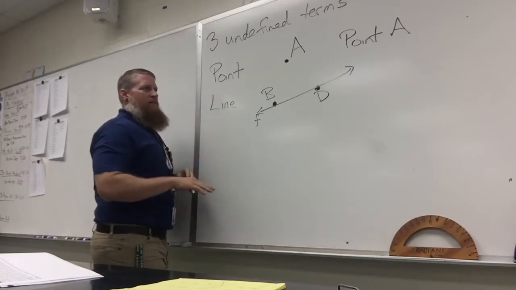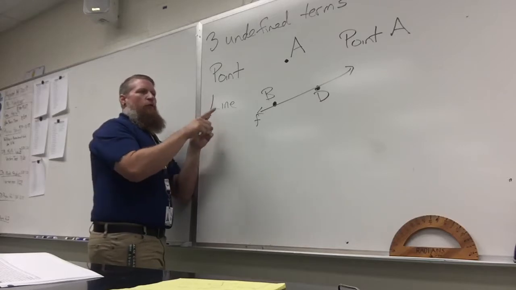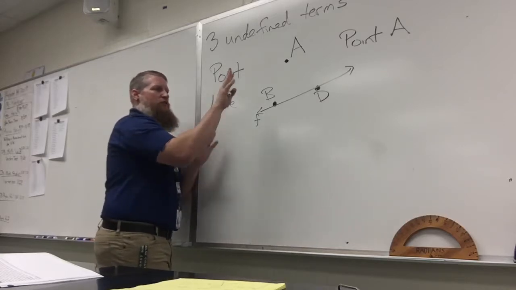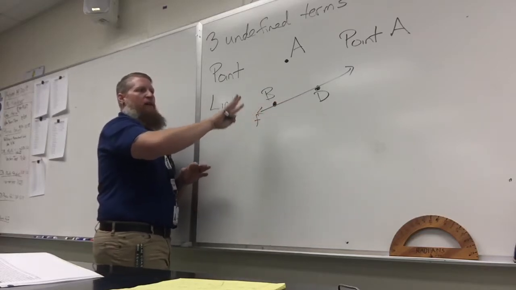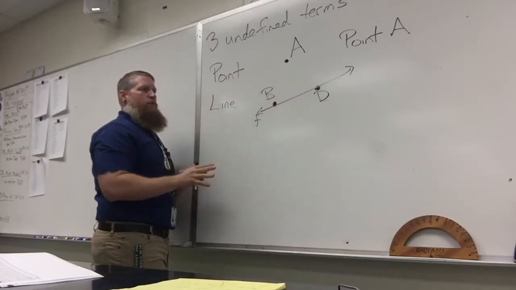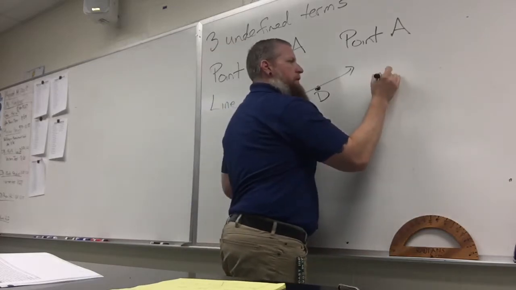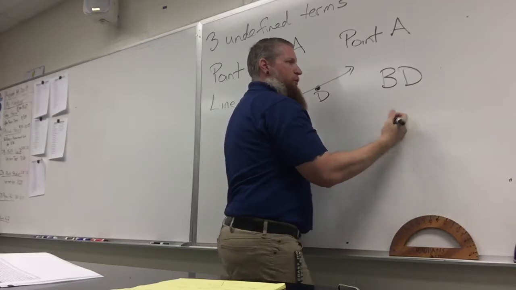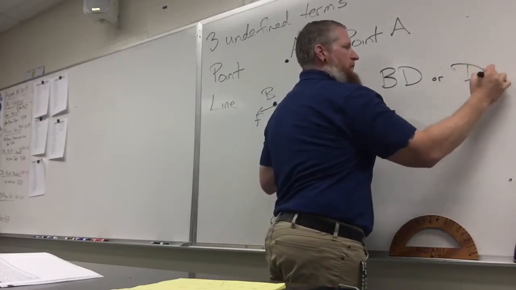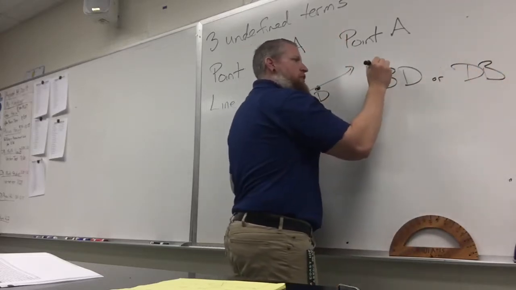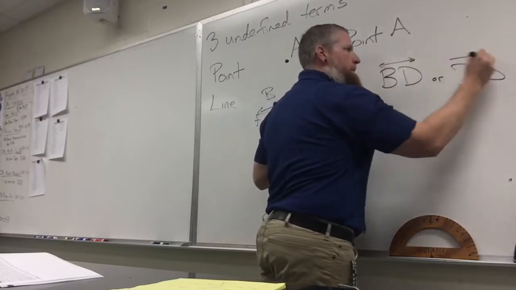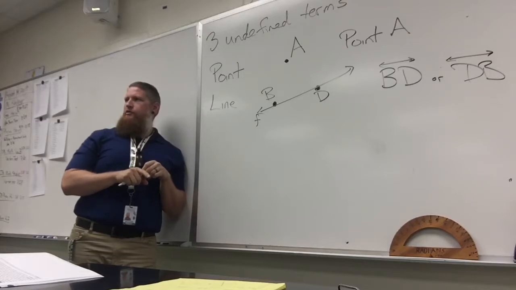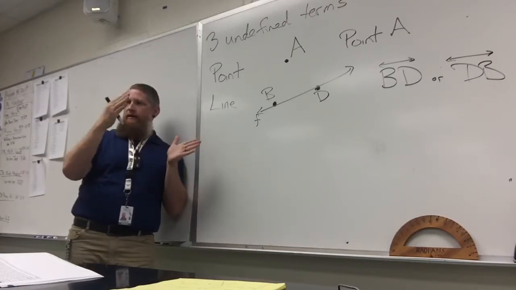When you write these out with the points, you just pick any 2 points that are on the line. Obviously, there's only 2 that I put on that line. If I put more than 2, you just pick any 2. You write those 2 points out in any order, so BD, or you can write it like DB, and then you draw a line on top with arrows. The arrows are very important there. That's how you specify a line, because a line has no ending point.